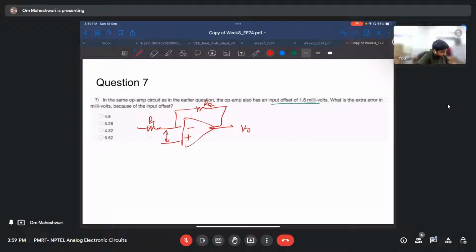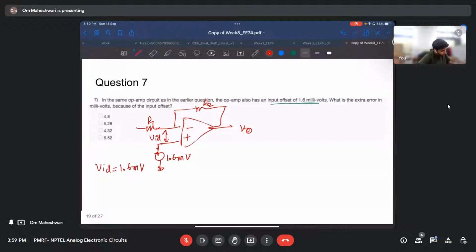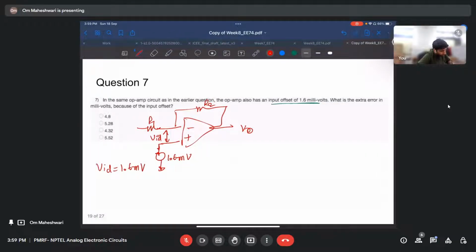So this difference is VID, right? They're saying this VID is already 1.6 millivolt. So it is like I am applying 1.6 millivolt here. Then what is the output? That is the extra output, because this 1.6 is already present even when I'm not applying anything.